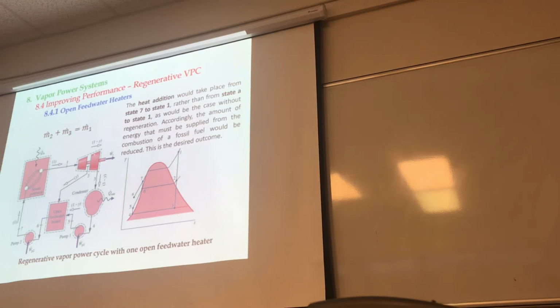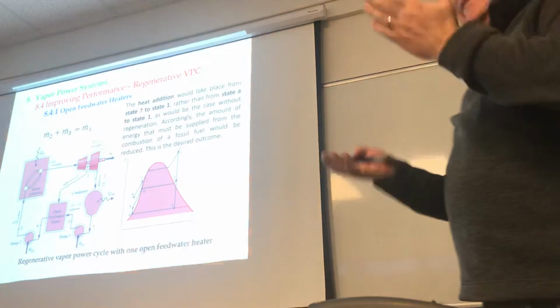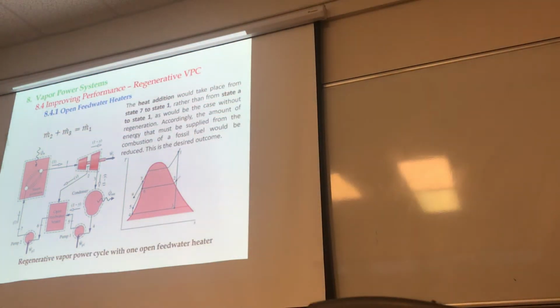So anything that you get, here you're using some stuff that's coming from here. The only downside is it's not the entire mass flow rate that's generating WT. Some fraction of it has been taken out. So there's always a price to pay somewhere.